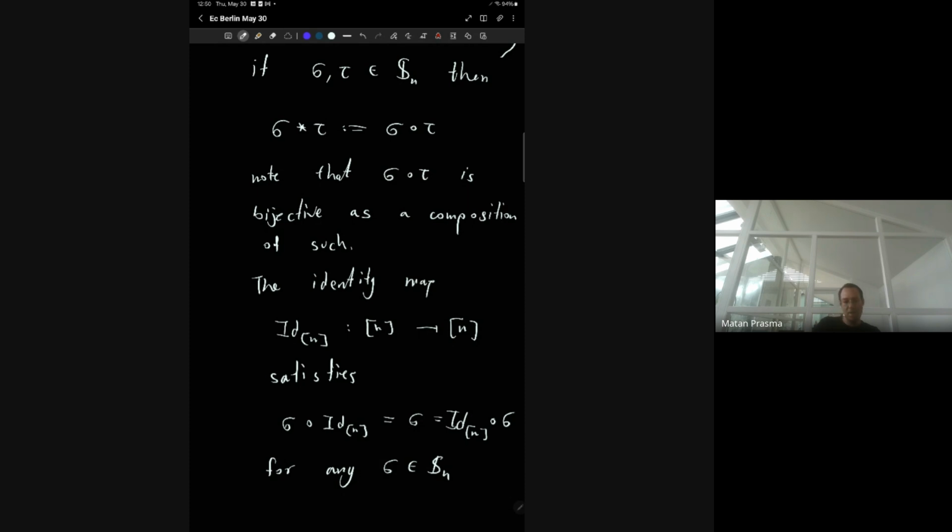And what we need to check, well, we need to check associativity. But associativity of the binary operation comes from associativity of composition. Okay?